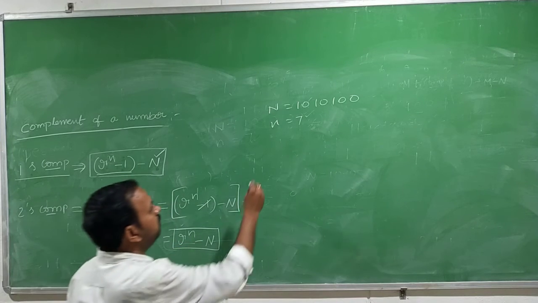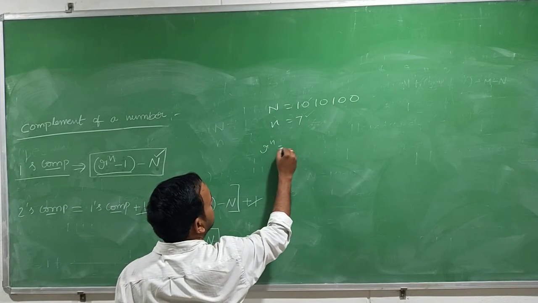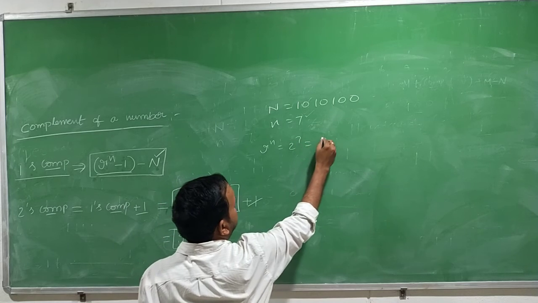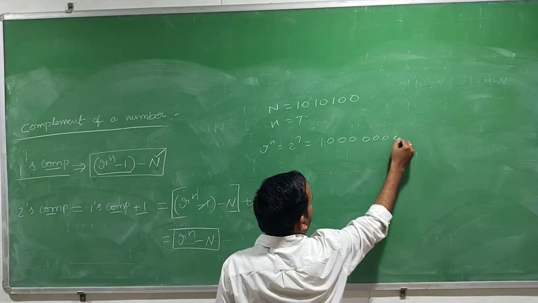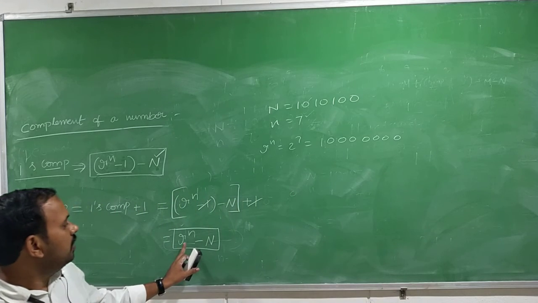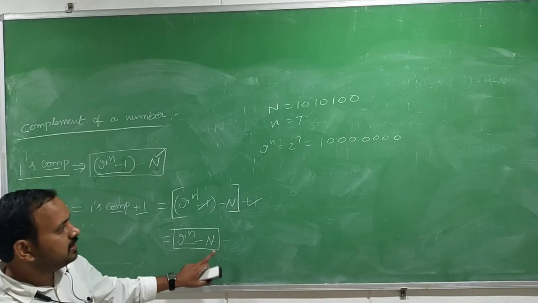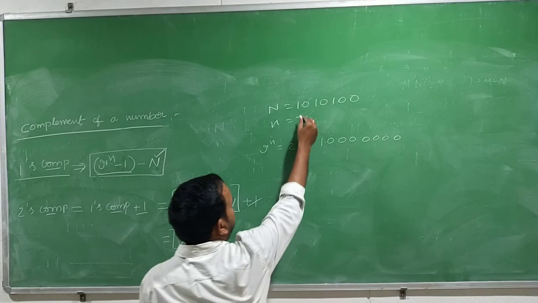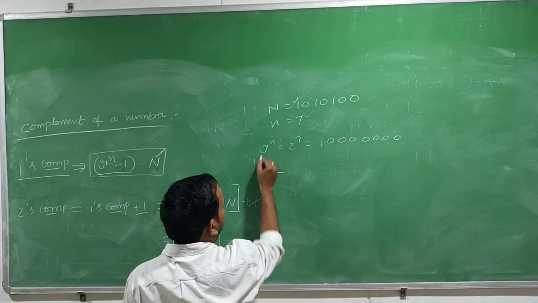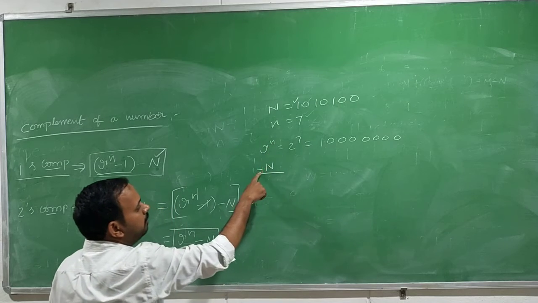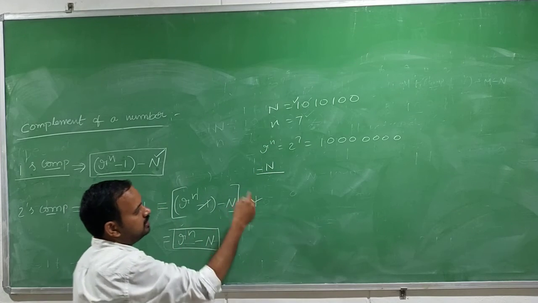Now R power n becomes 2 power 7, that means 1 followed by 7 zeros. Now R power n minus n, where the given number is n. You subtract this, and this will become the 2's complement.